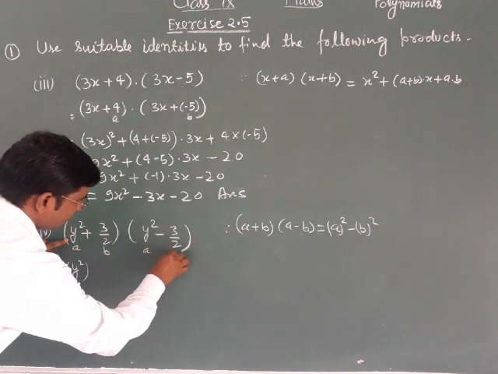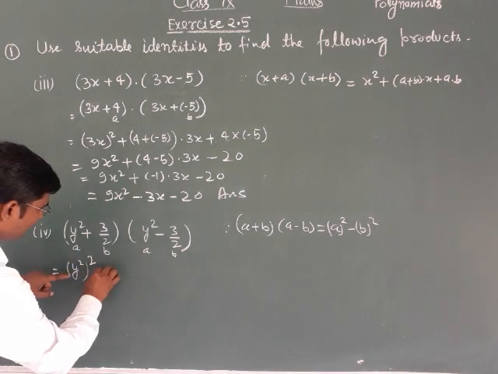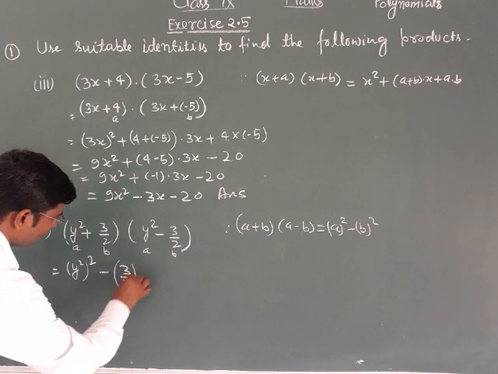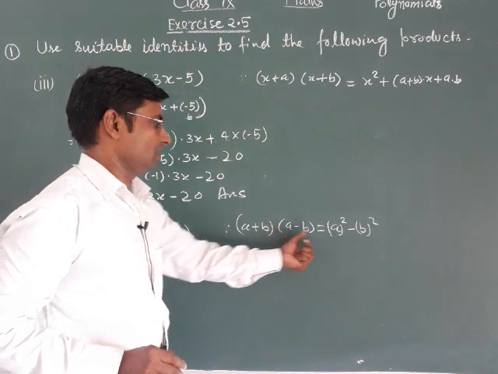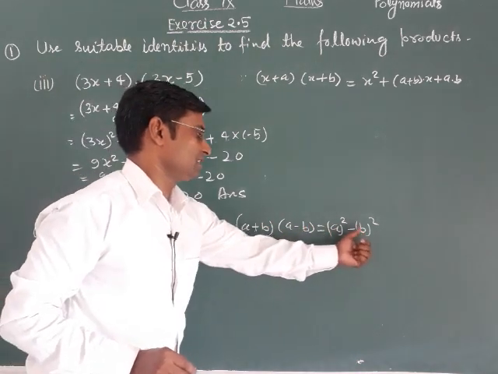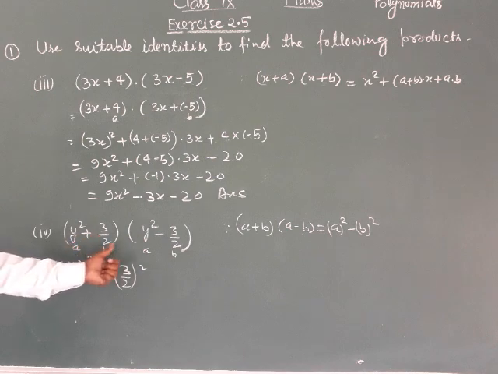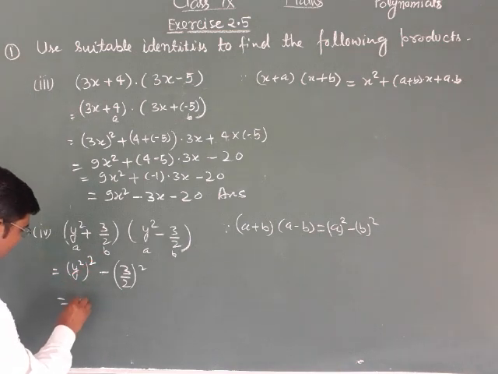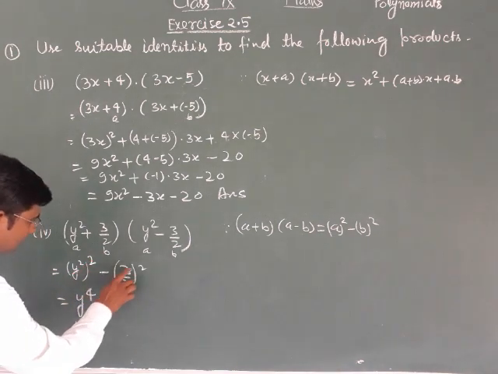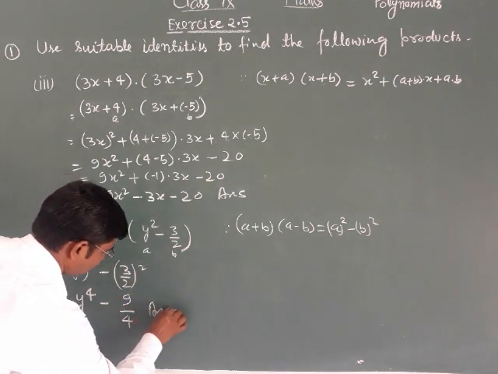So (y square) whole square minus (3/2) whole square. So y to the power 4 minus 3 square, 9, over 2 square, 4. This is the answer.